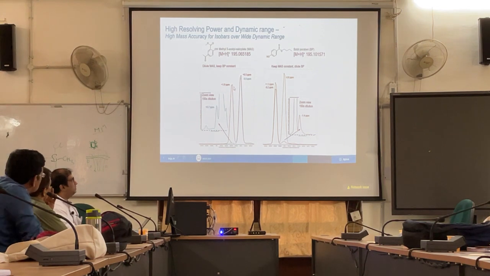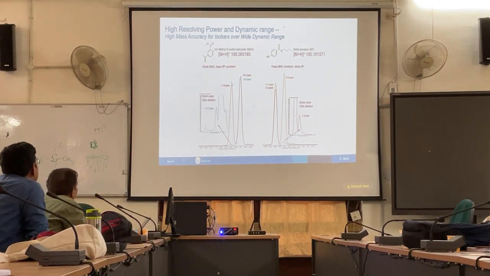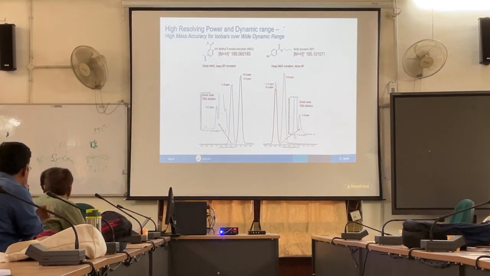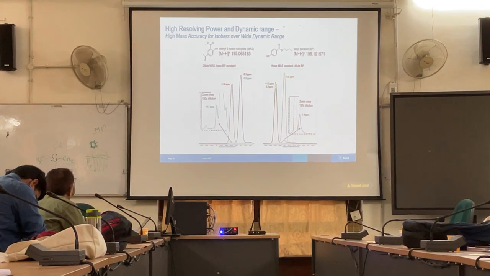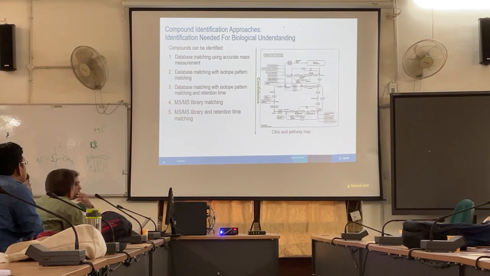And not only that, it is able to distinguish the concentration changes also. So if you reduce the concentration 150 times, it reduces from here to here. This is very important for metabolomics because concentration is what you are looking for. Sometimes it will go down, sometimes it will go up. So TOF is again very useful for that.